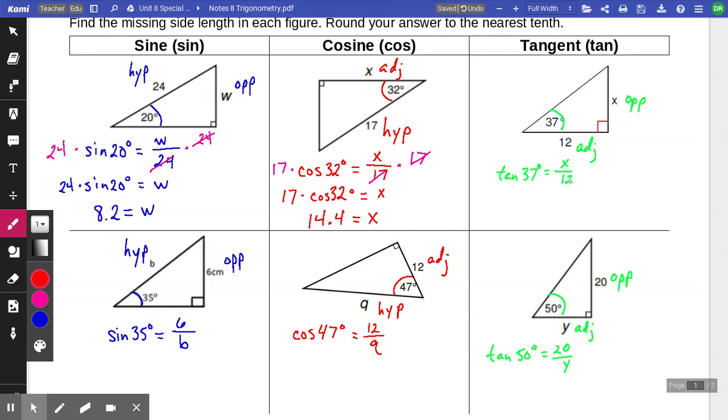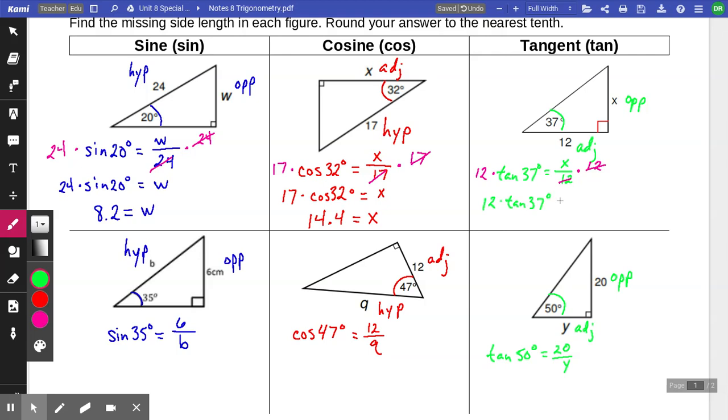Okay, let's try this one more time. So finding this missing side, x again. And we have tangent of 37 degrees equals x over 12. So same strategy, multiply by that denominator of 12 to cancel over here, which means we also have to multiply by that 12 on the left side. So we get 12 times tangent of 37 degrees. And let's write that out, and then we'll get our decimal approximation.